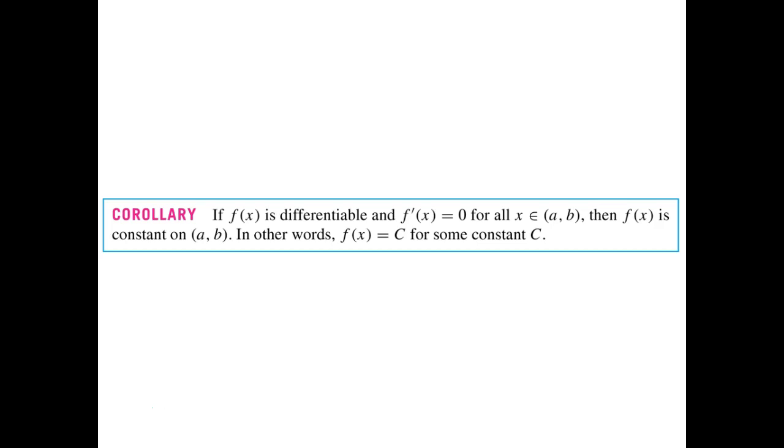In other words, f of x is equal to some constant c everywhere there, because that's the only way the first derivative is going to be 0. So that's a corollary of this. There is a little proof there.